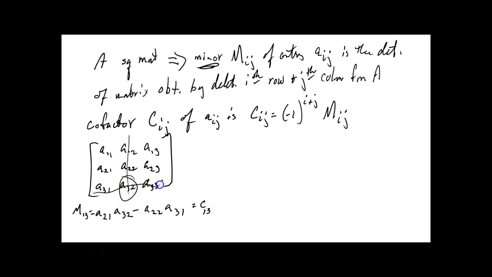Wipe out that column and that row, and the minor M32 is going to be what? The determinant of A11 times A23 minus A13 A21.